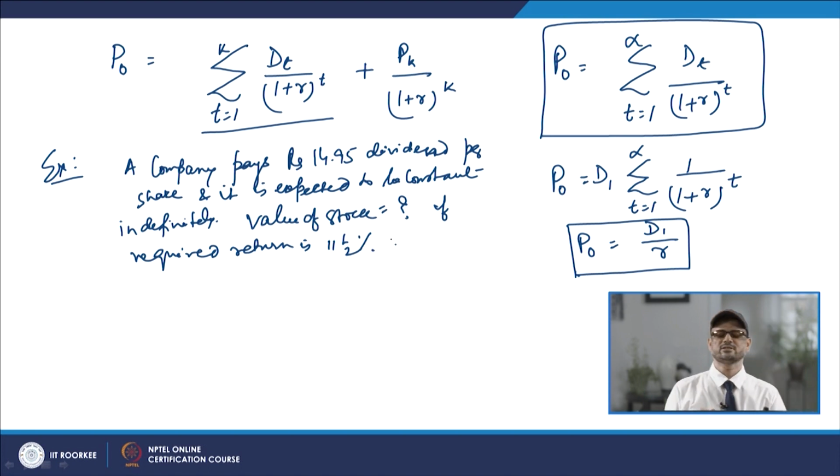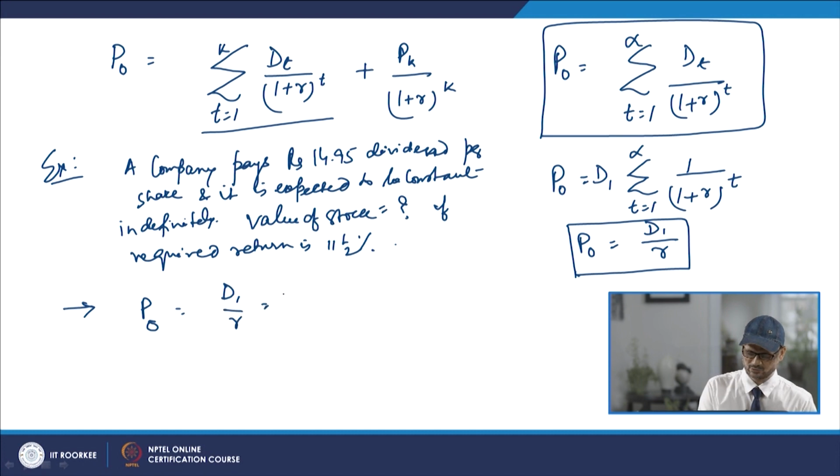In those cases you simply get this P naught, and P naught will be D1 by r. So, the dividend is fixed, that is 14.95, and it will be divided by r, which is 0.115.